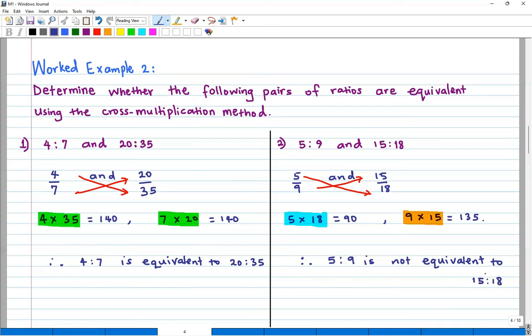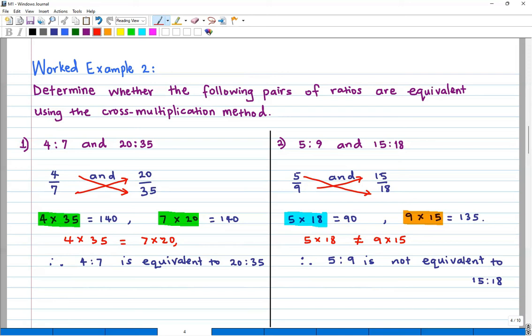You get it? Why? It is because 5 times 18 is not equal to 9 times 15. You get that? For number 1, these two ratios are equivalent because 4 times 35 is equal to 7 times 20. I hope you get that.